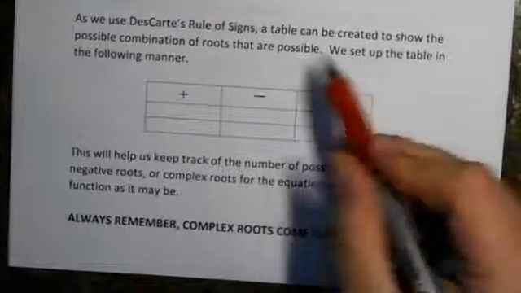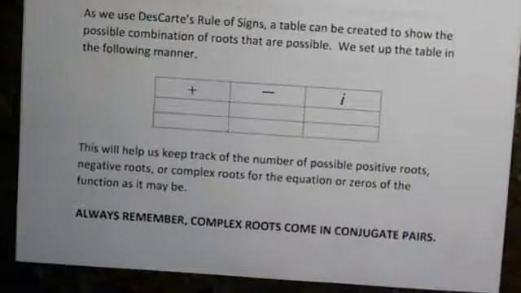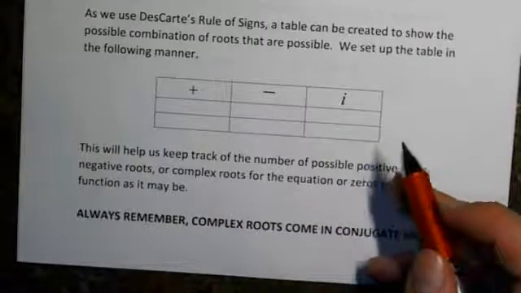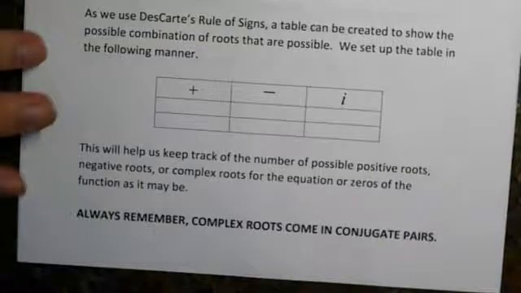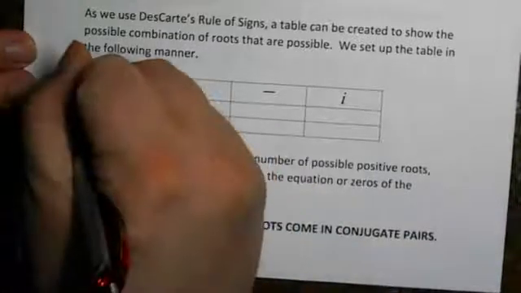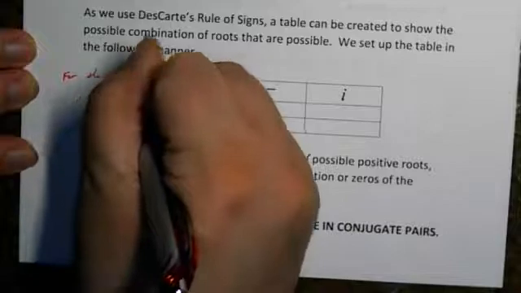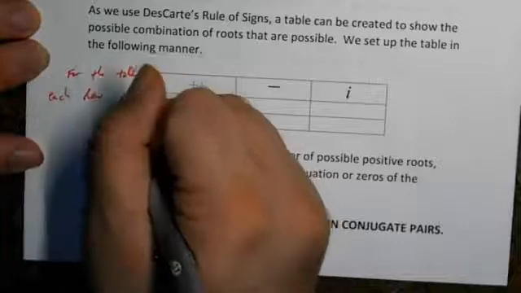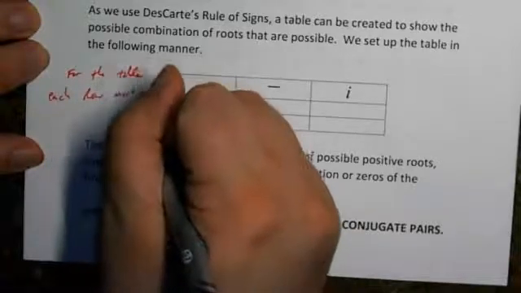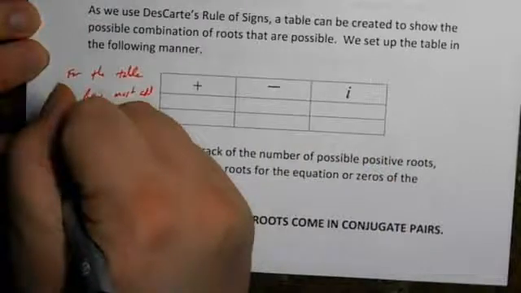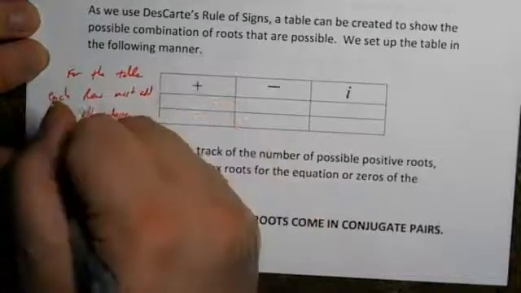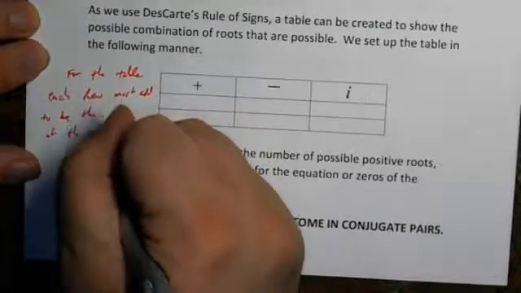So what we're going to do is set up a table when we do this. We're going to set up a table with positive zeros, negative zeros, and imaginary zeros. Now, one thing you're going to notice as we set up the table: each row must add to be the degree of the polynomial.